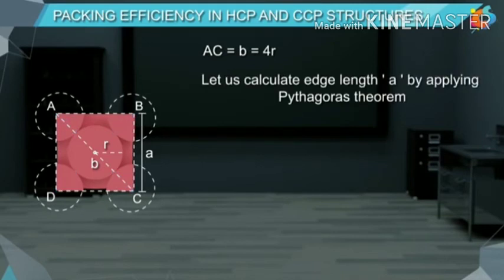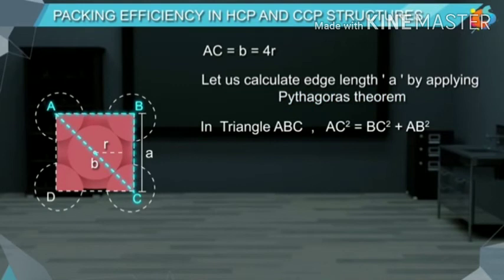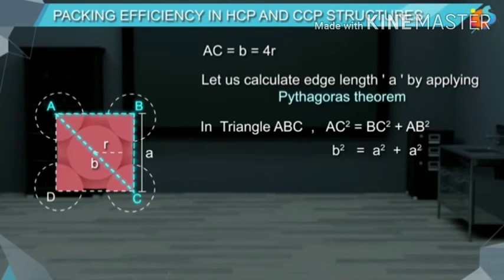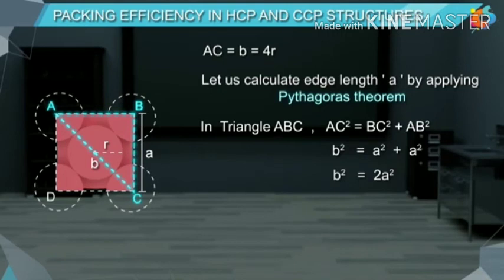Now, let us calculate edge length a by applying Pythagoras theorem. In triangle ABC, AC square is equal to BC square plus AB square. b square is equal to a square plus a square. b square is equal to 2a square.